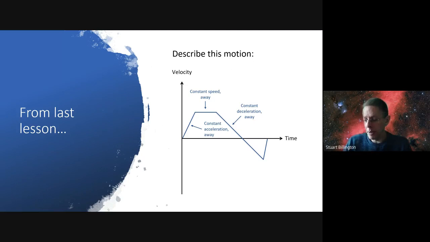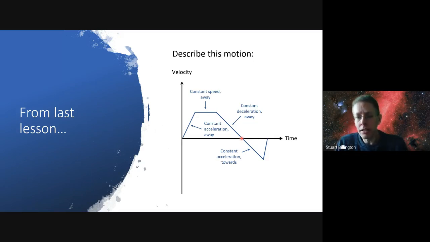Although it's the same line that carries through the axis, something different happens because the object actually stops moving altogether at this point here when the velocity hits 0. But then it starts traveling in the opposite direction. The values of velocity are now negative, which means it's traveling back towards us.